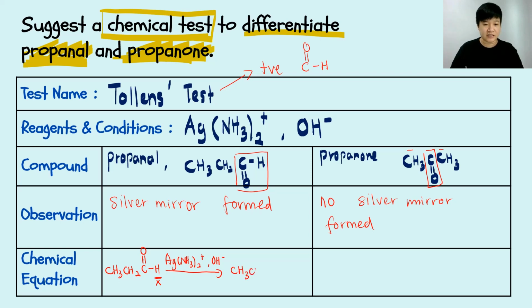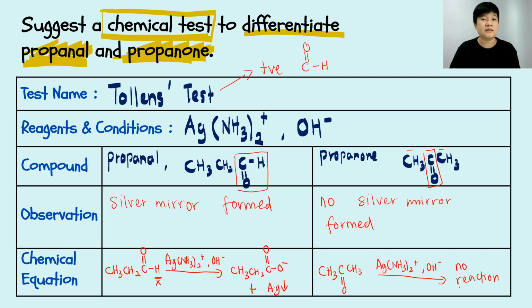So you produce CH3, CH2, C double bond O, O minus, and also the presence of your silver mirror. Okay? And knowing that your propanone will have a negative result as a ketone, for the equation you can simply put it down, reacting with your ammoniacal silver nitrate and having no reaction because it's a ketone.